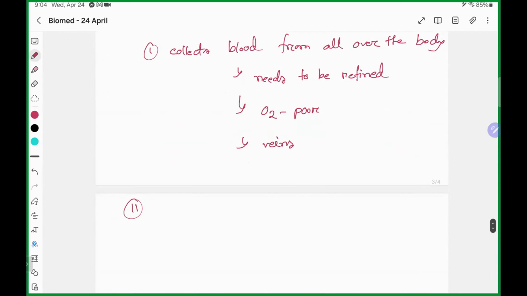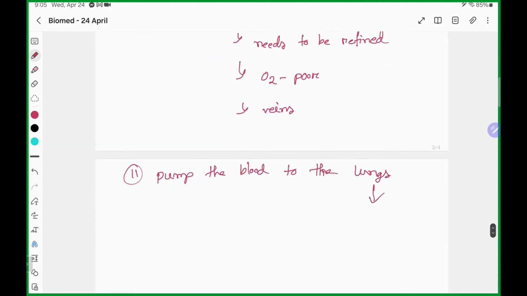Number two, the heart pumps the blood to where? To the lungs. It will pump the blood to the lungs. What do the lungs do?